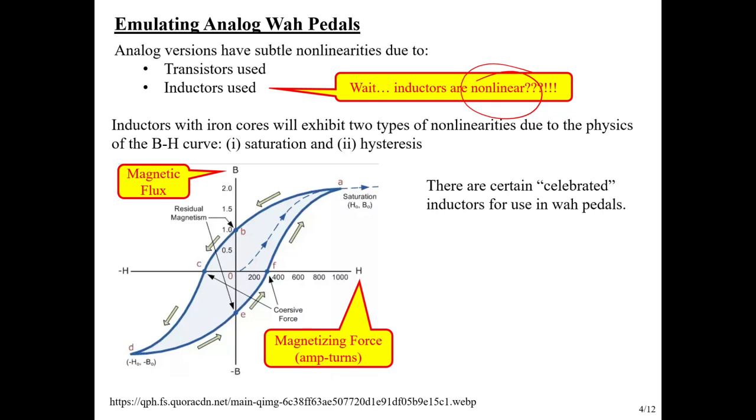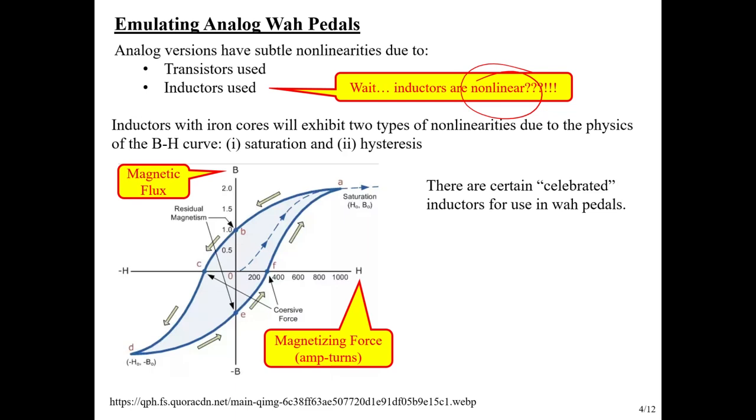But the point is, and they do talk about this on the Electrosmash webpage, those early wah-wah pedals used a certain inductor that came from Italy at that time. It was probably just one of those things where the person building the initial circuit was like, hey, I need an inductor. Oh, I've got one here. It happened to come from Italy. There was nothing special about it at the time.